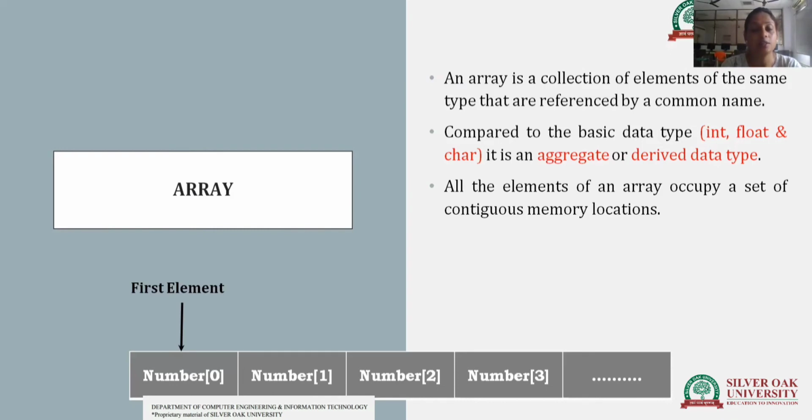Array elements start with index number 0 and end at the maximum size minus one. That means if you create an array of size 10, the last element of the array is at the 9th index, starting with 0 and ending at 9. So you can store 10 different values in these different array locations.